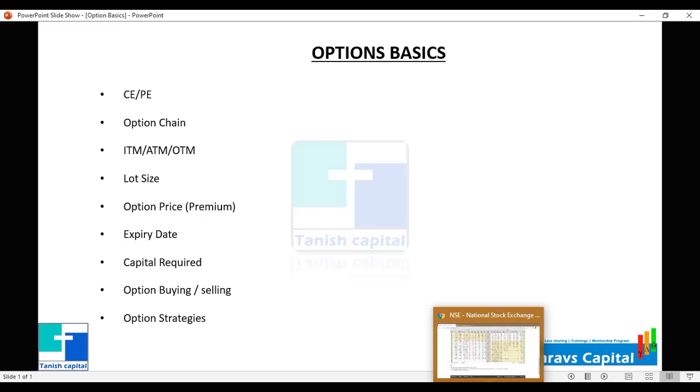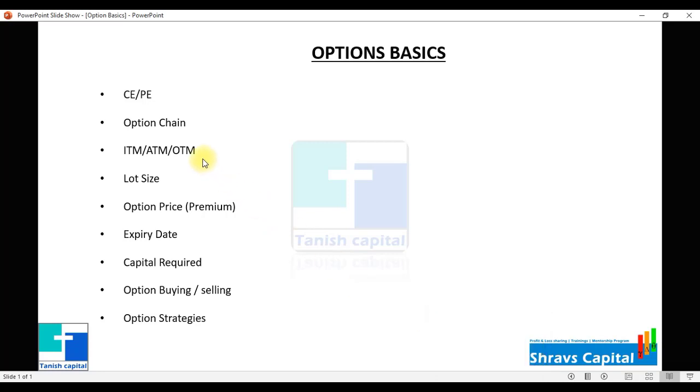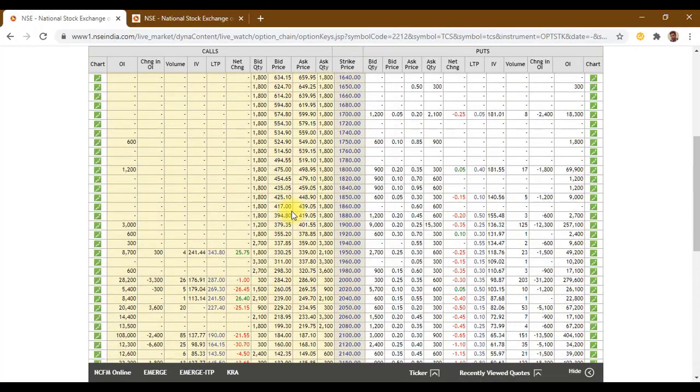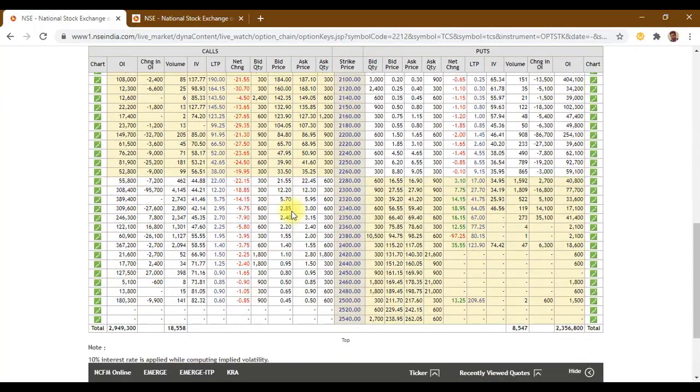Now I will show you what is ITM, what is ATM and what is OTM. In this option chain you can see different colors. Everything on this side is for the call side and this side is for the put side.